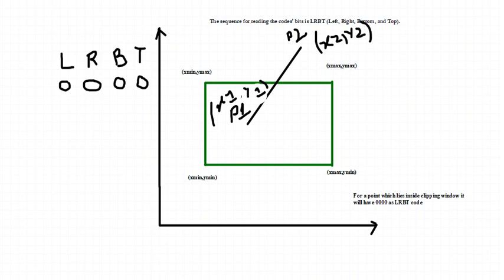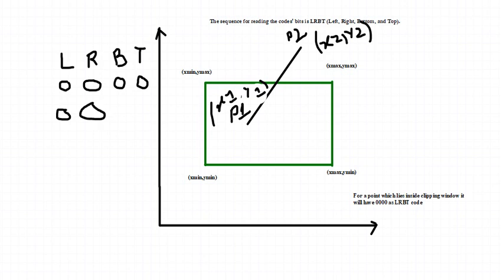So what will be the L code for this point P2? Is it to the left of x min? No. So L is going to be 0. Is it to the right of the clipping window, that is, x2 greater than x max? No. Again, R is going to be 0.